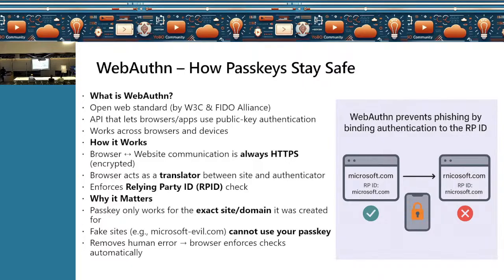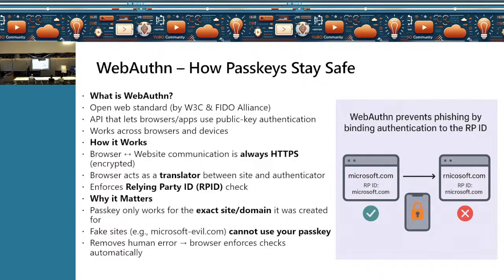Now, the second problem which I spoke about was the relying party ID, right? We discussed that the passkey maintains this close proximity, which helps ensure that MFA fatigue is not happening, or that we are not entering MFA for the attacker.